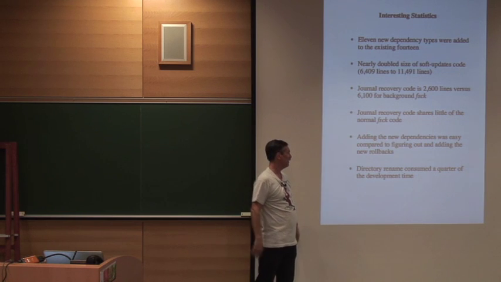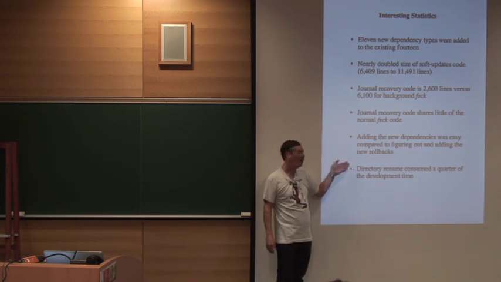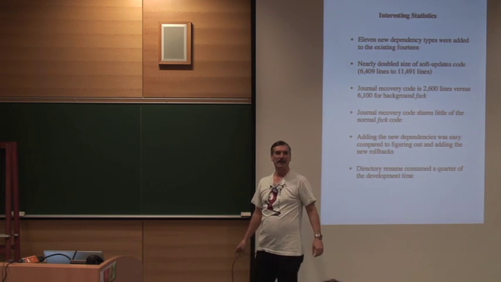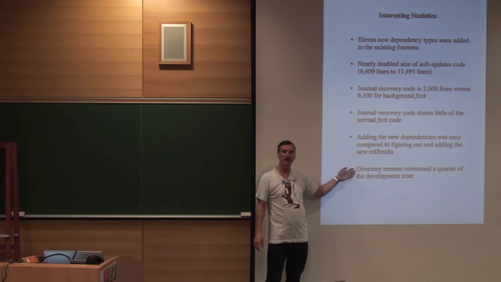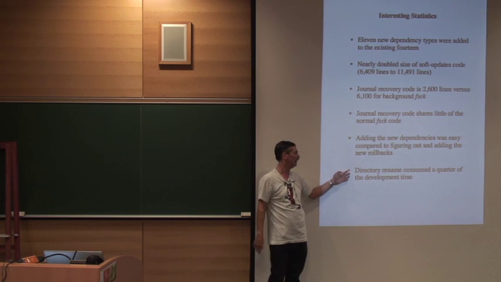It boggles the mind. Okay, it turns out that my old friend directory rename consumed about a quarter of the development time of SoftUpdates. Now, back in 1982, I did my first implementation of rename. And I was told at the time by Dennis Ritchie that this was likely going to be difficult, and I should think about whether I really wanted to allow rename of directories from one place to another.